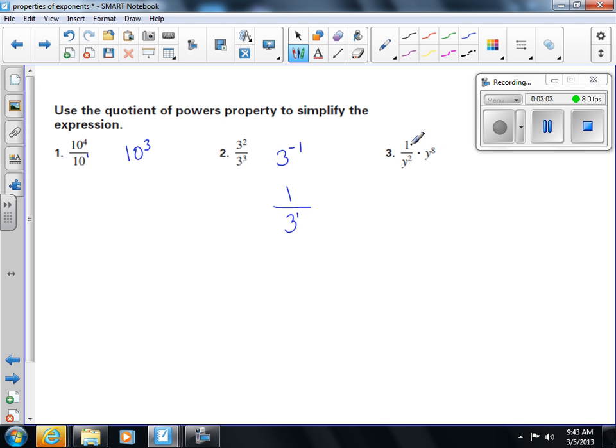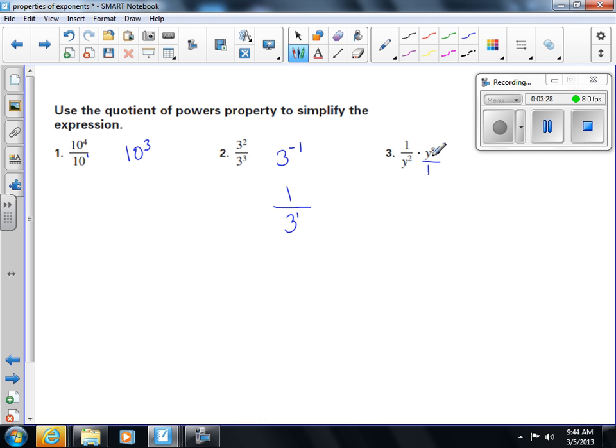Okay, now let's take a look at this one. 1 over y to the 2nd times y to the 8th. How can this be written? How do you combine them? But where is this? Is it on the top or bottom? That's kind of my question. It should be on the top because any whole number, any number you assume would be over 1, just like when you work with fractions.